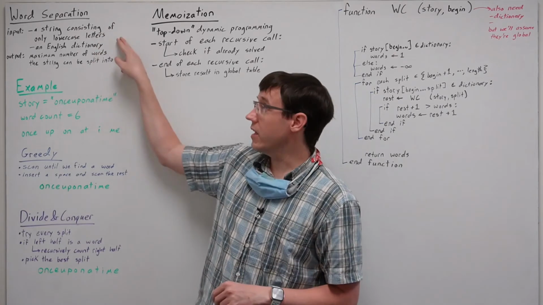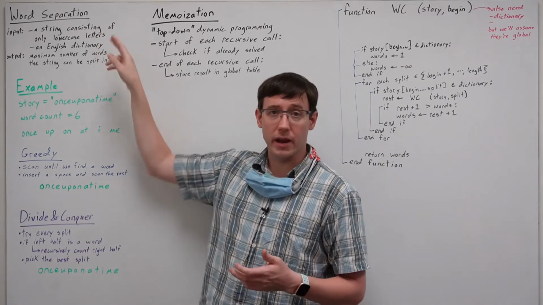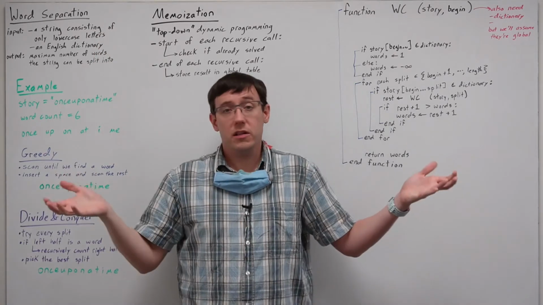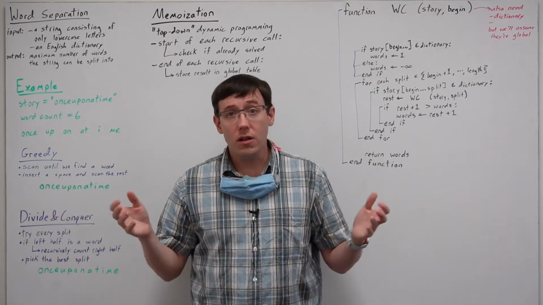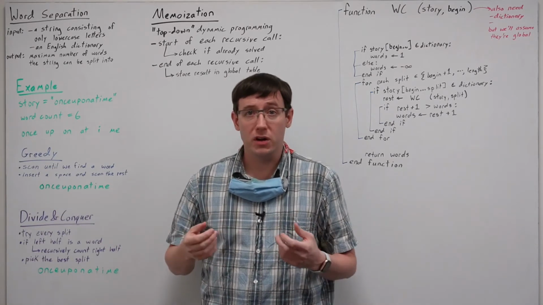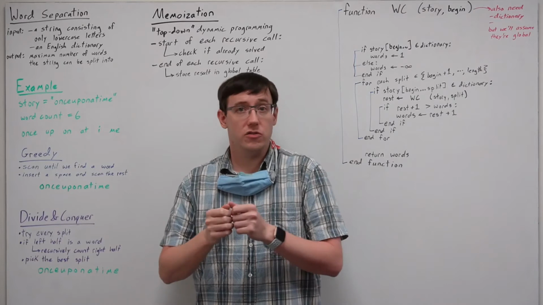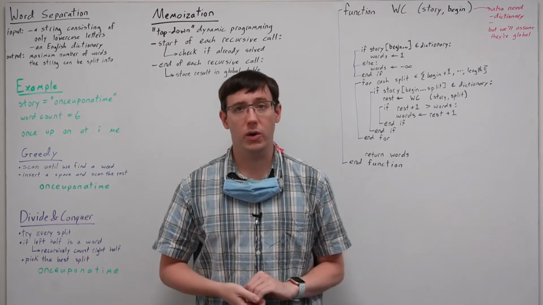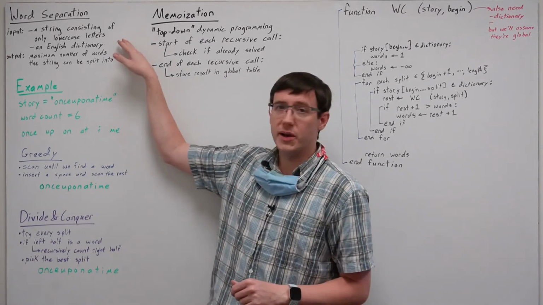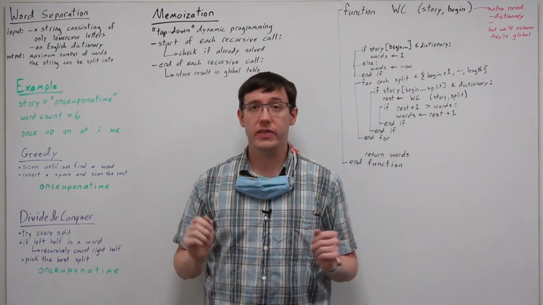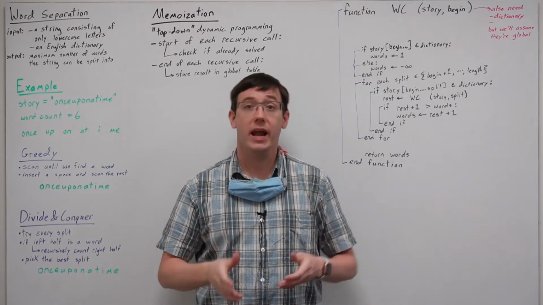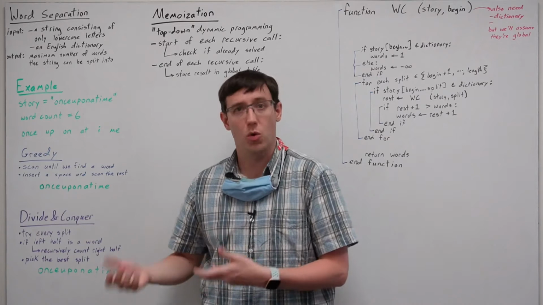So we're given as input a string, which is some English text with all of the white space and punctuation deleted so that it's just a sequence of lowercase letters. We also have access to a dictionary that lets us look up whether a given string of characters is a word.